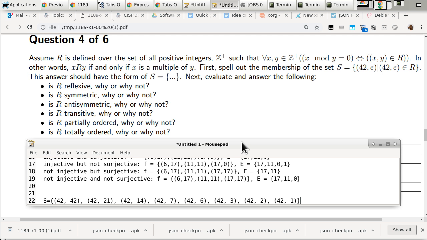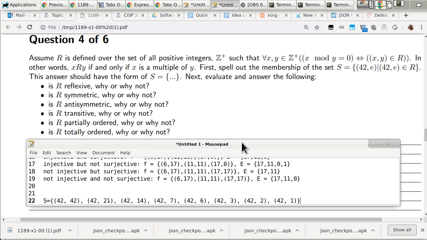It's not asking about S, it's asking about R. Because we never mention anything of defining S over X, or over Z plus. So the question is asking R itself, is it reflexive? It is reflexive. Every positive integer is a multiple of itself. So it is reflexive. Are we okay so far?